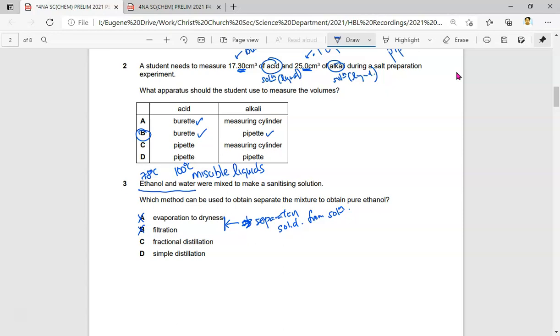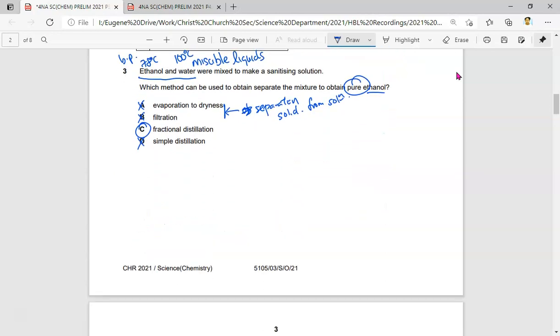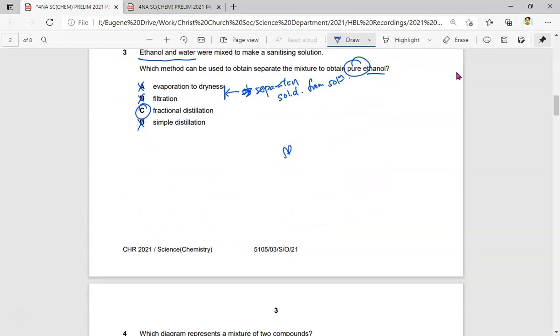Because the temperatures 78 and 100 are relatively close, we can't really use simple distillation, because you will not get pure ethanol. You will possibly get a little bit of water because of the closeness in terms of the boiling point. As such, the only answer left is C, fractional distillation. So this is under your separation techniques.